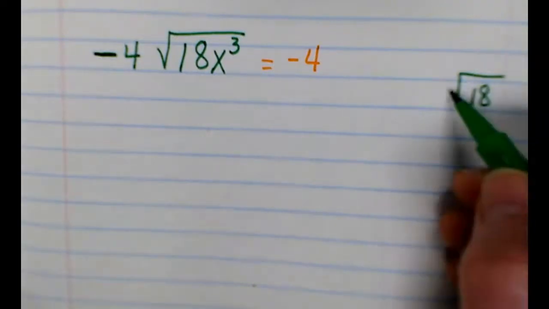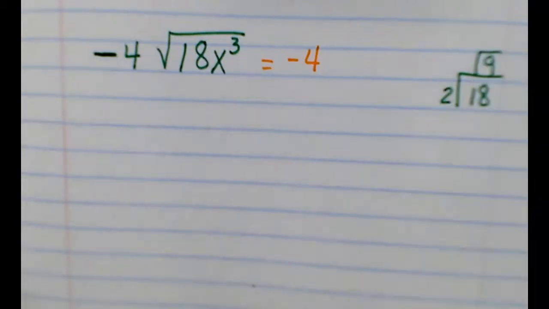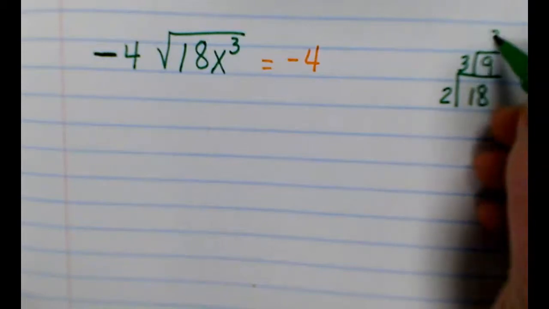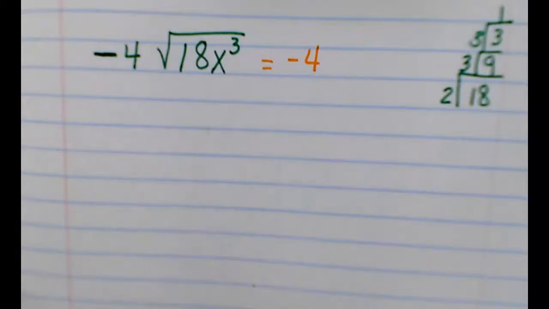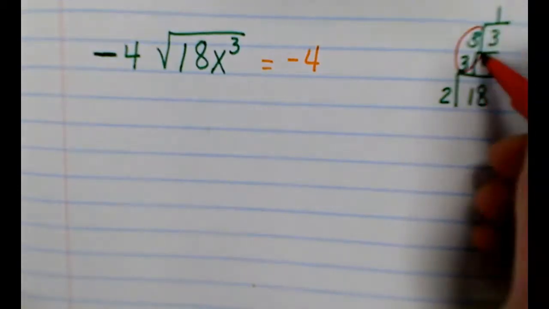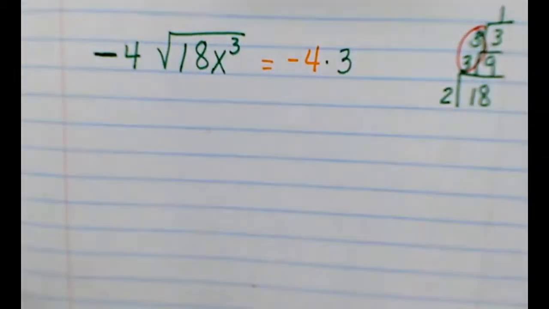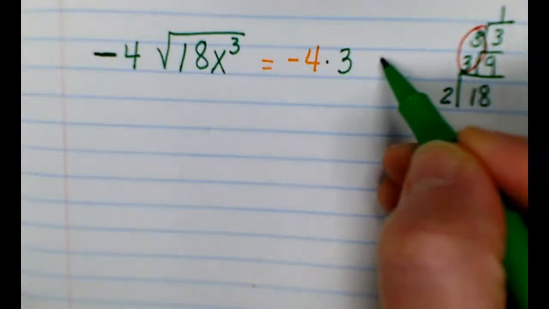So, does it divide by 2? Does 9 divide by 2? And I am looking for pairs. Do I have a pair? And so the pair of 3s comes on the outside, and then I'm going to skip a space here.